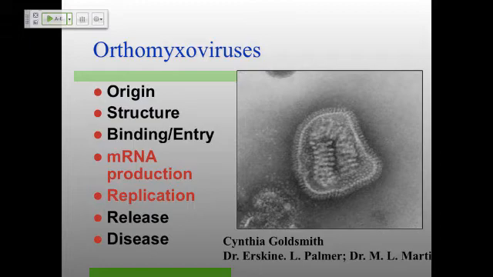You can see those individual ones in here. Again, binding and entry, it's all about hemagglutinin, changes in pHs. Messenger RNA production and replication, again, these are the things that we haven't really talked about so much already. Getting out is pretty straightforward, and then disease is all about this guy.